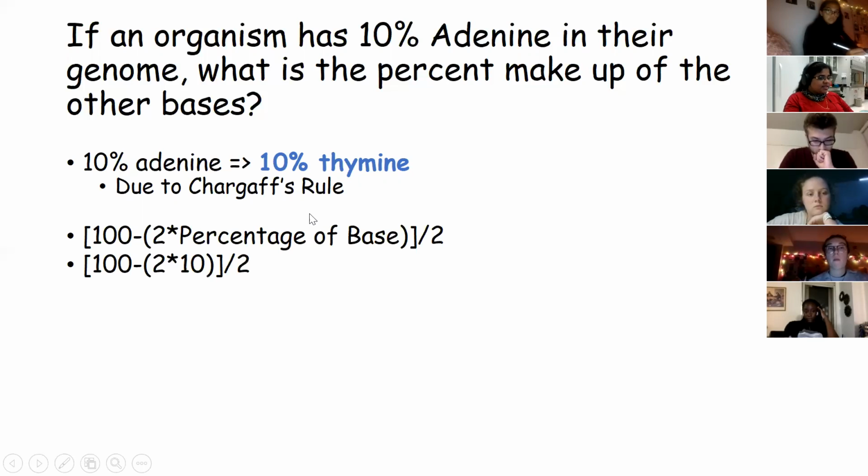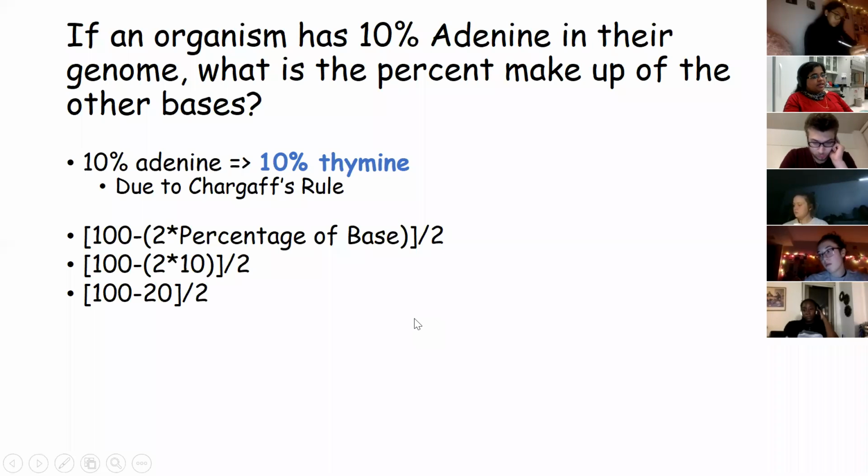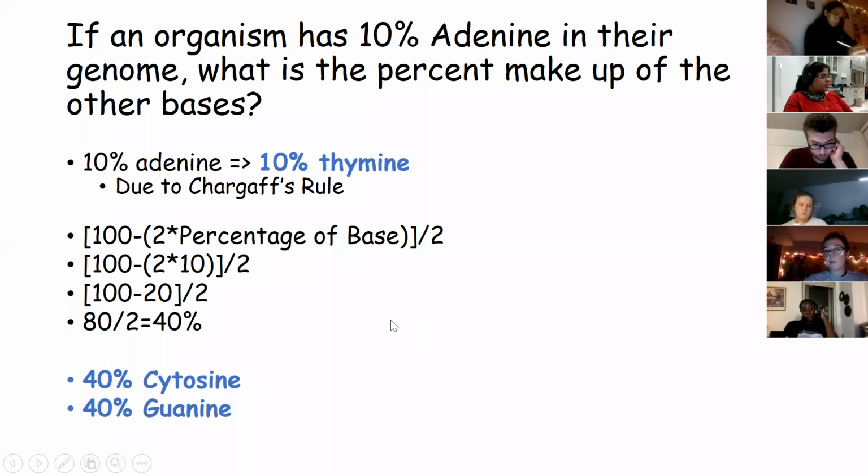Then, as you guys said, we look at the percentages, 100 minus the given ones, and then you get 40% cytosine, 40% guanine. Does that make sense in explaining why that's how much it makes up everything? Okay, good. I like seeing thumbs up.